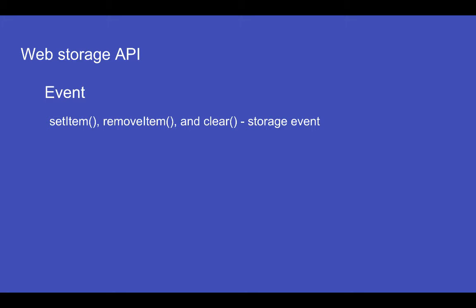So there is a change. Whenever there is a change happening, it's going to trigger a storage event, and that can be captured. This storage event has these arguments: key, old value, new value, URL, and storage area.